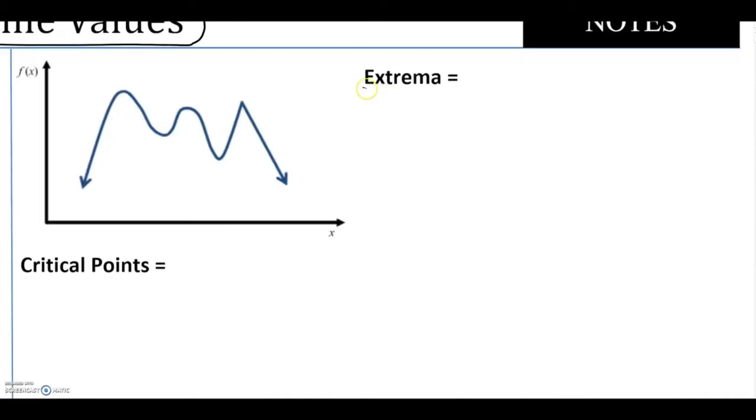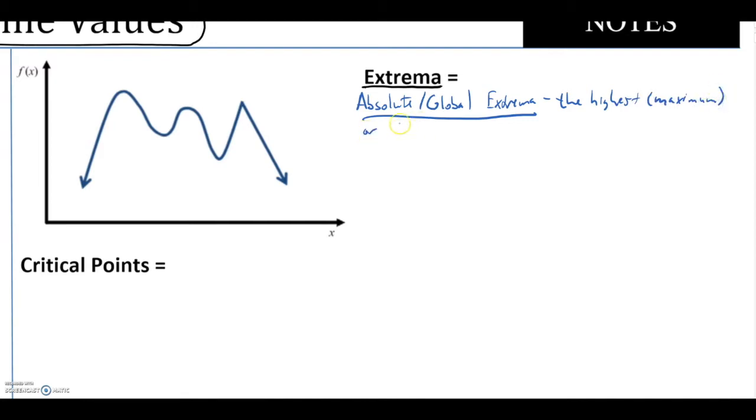And so what we're going to investigate first is the idea of extrema. When we talk about extrema, we're going to see two types. The first are what are known as absolute, or you'll also see the word global, extrema. Absolute extrema are the highest, or the word we tend to use, maximum, or lowest, minimum, values for a function over its domain.